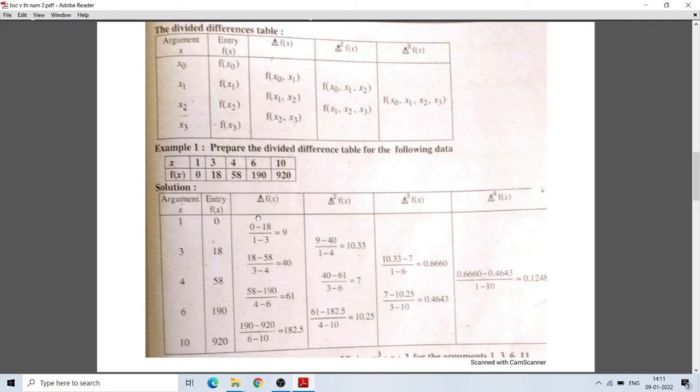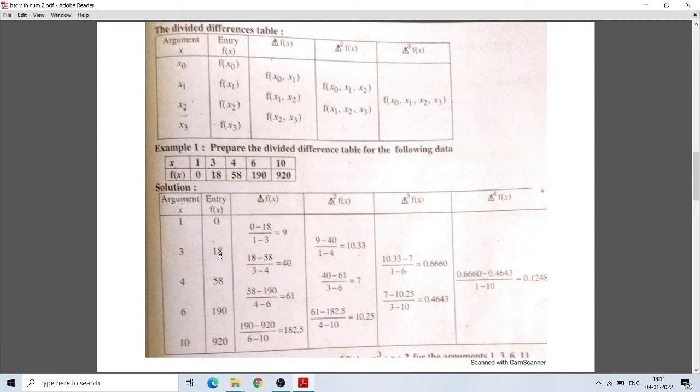Then how to find the divided differences? f of x is 0 minus 18 divided by 3 minus 1. Look here, entries 0 minus 18 and arguments reversed, 3 minus 1 is 1 minus 3, so 0 minus 18 divided by 1 minus 3 is minus 18 divided by minus 2. Minus minus get cancelled, 2 nines are 18.